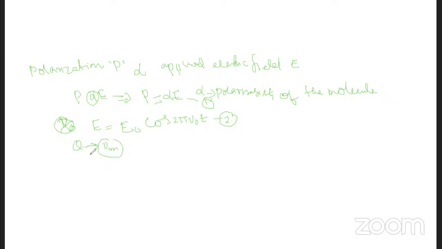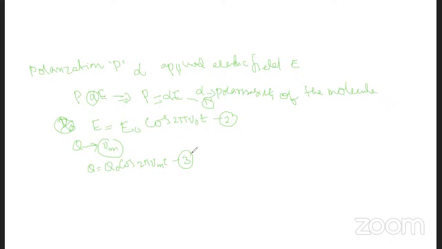Then we can write this expression mathematically as Q is equal to Q naught cos 2 pi nu m t. So the above one is E is equal to E naught cos 2 pi nu naught t, and the below one is Q is equal to Q naught cos 2 pi nu m t.